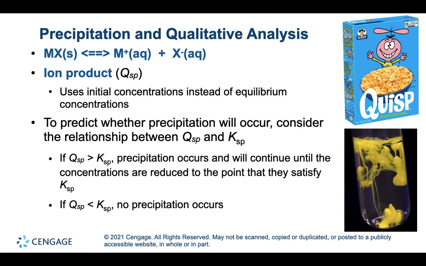QSP would be if I used initial concentrations of M plus and X minus to analyze whether or not a precipitate formed. Remember, using equilibrium concentrations of M plus and X minus would get me KSP. So just like before, you can analyze the number for the equilibrium expression even if you're not at equilibrium.